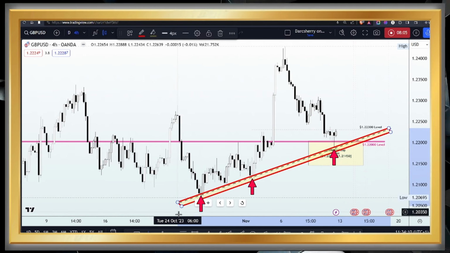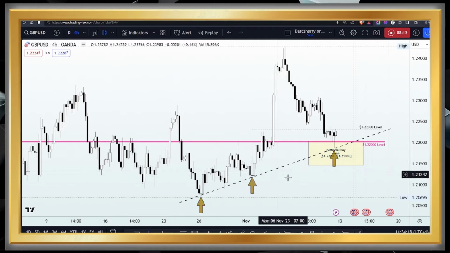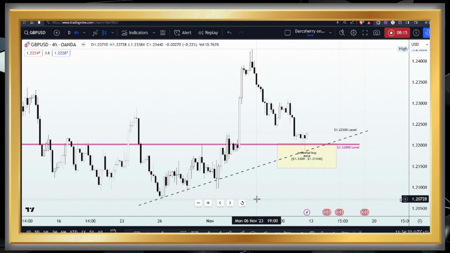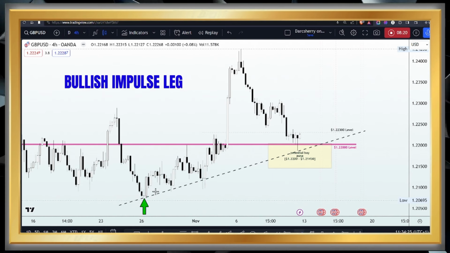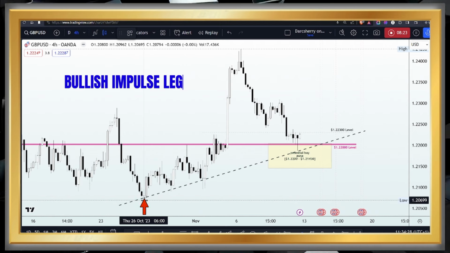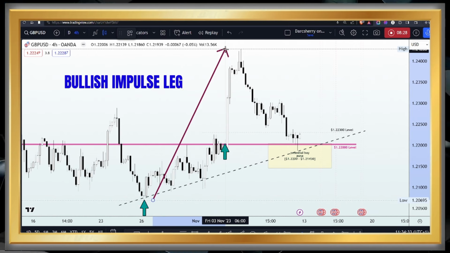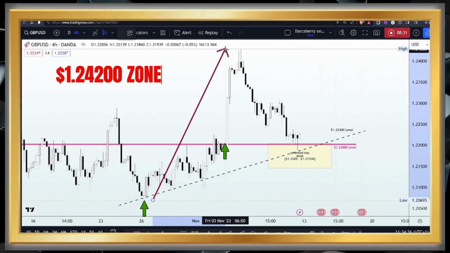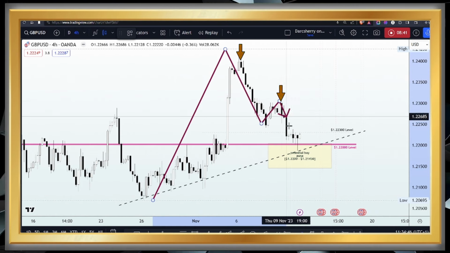And of course, when price remains above that ascending trend line, we do want to continue to look out for buying opportunities. Now, the most important feature on this chart is this impulsive move that started during the last week of the month of October, and we saw this move all the way into the 1.24200 area before we started seeing some profit taking activities, which reflected on the chart as a retracement move, as you will see here.